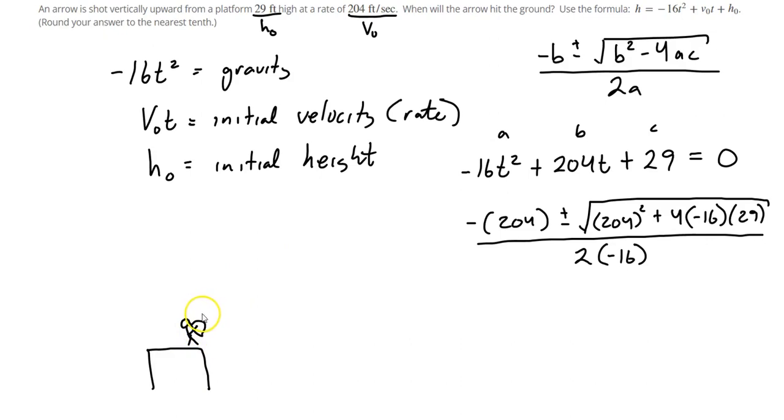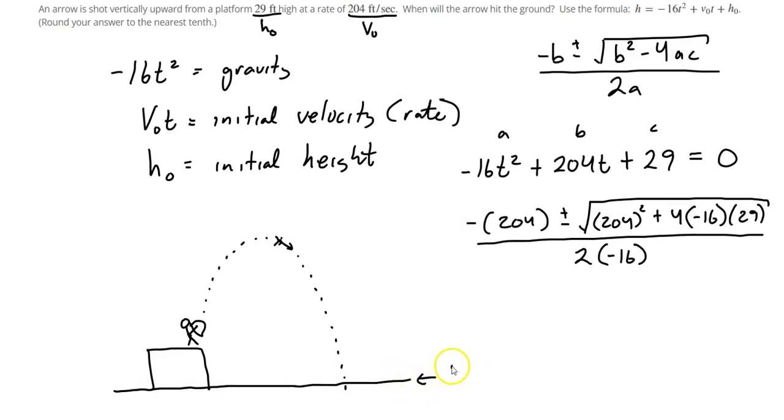He shoots this bow. It goes up. There's his arrow. It's on its way down now, and then it's going to come down. And then of course here is the ground, and right here could be when h equals 0.